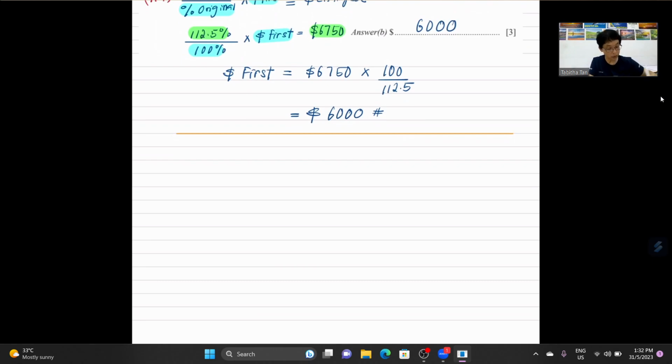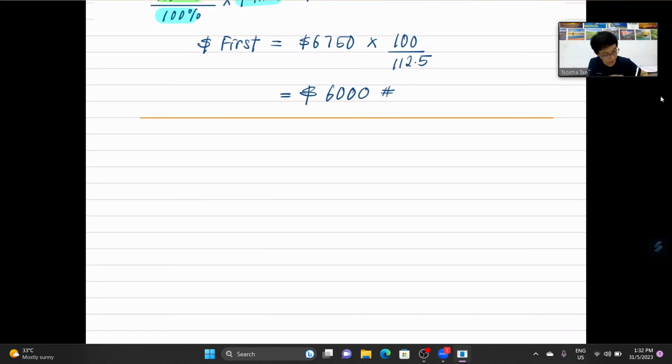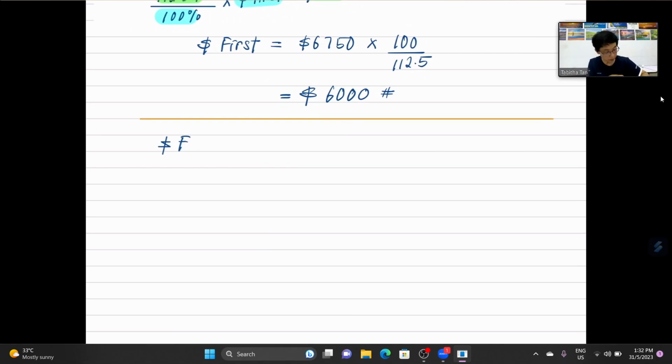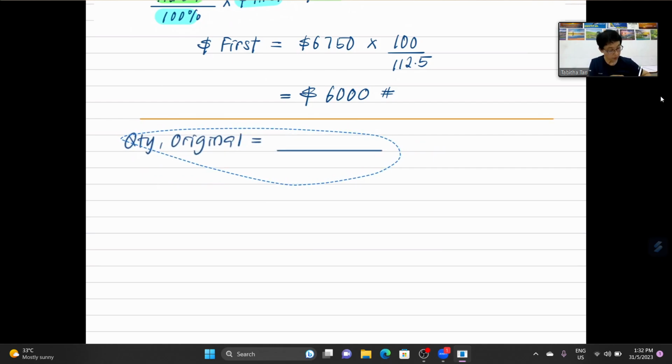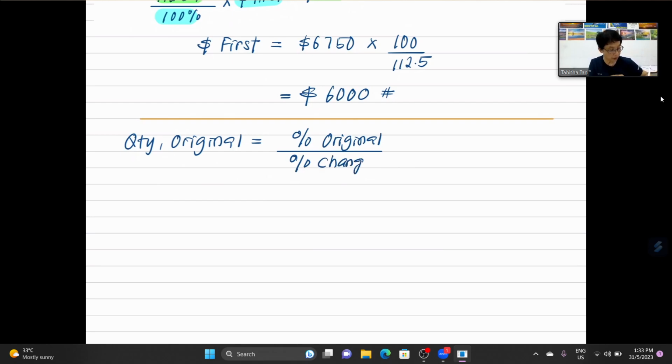If you are looking for the original quantity, let me put in the general formula: you put in the original percentage, and this is the change that it has gone through.